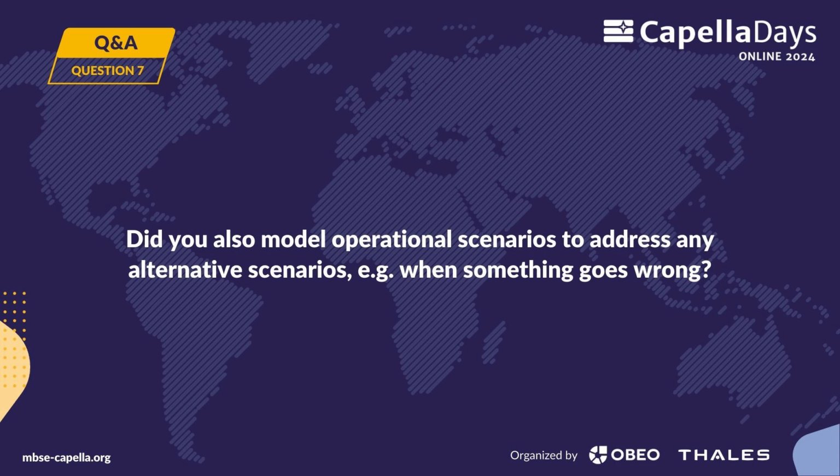We do not have a specific scenario just for unexpected events. All that can happen is managed by the process, eventually by going back with loops that take you back to the previous step or some steps before, and you redo the process.